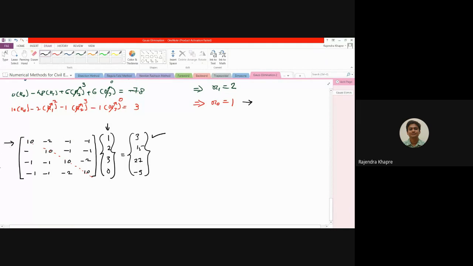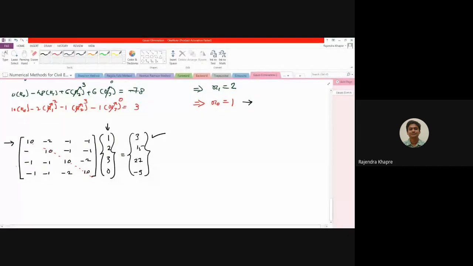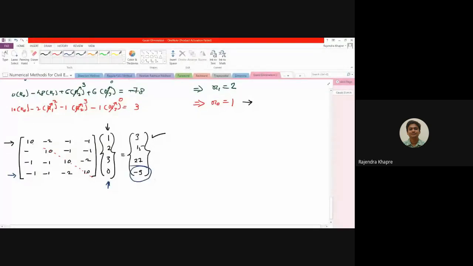This I have already informed you in the previous class. So please check if you multiply this particular row, that is the last row, with this particular column, you should get -9. Then and only then is your answer correct. Please check whether you are getting it or not. You are getting it.